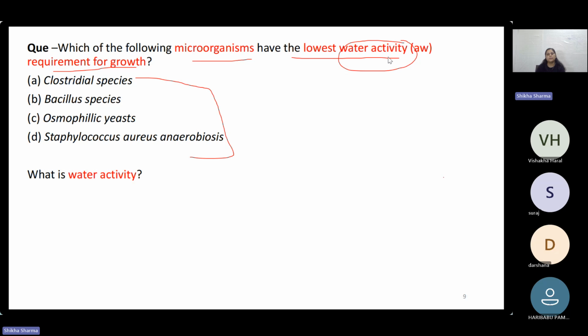Water activity is the measure of water available in the food, right? And what is equilibrium RH? Vishakha?